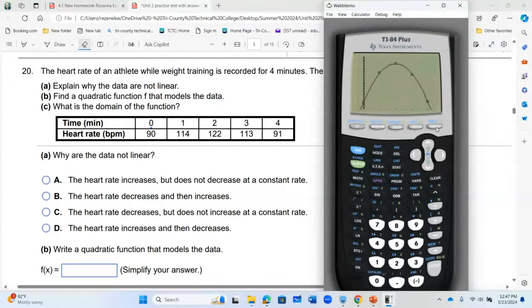So I see the quadratic function. And then why are the data not linear? We answered A. It's not linear because the differences between the heart rates are not constant.